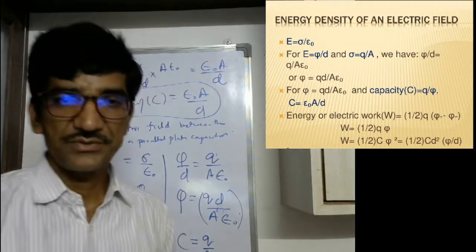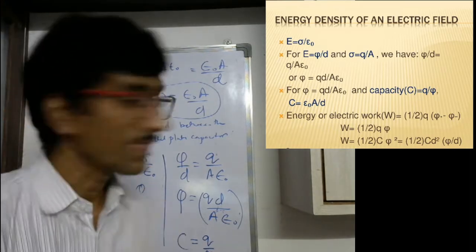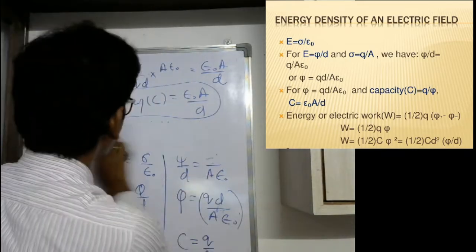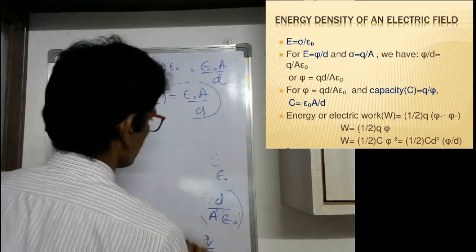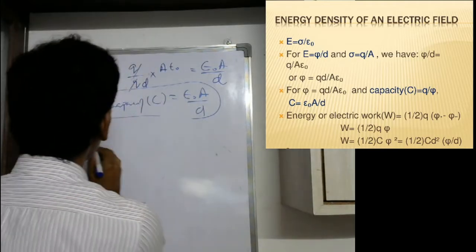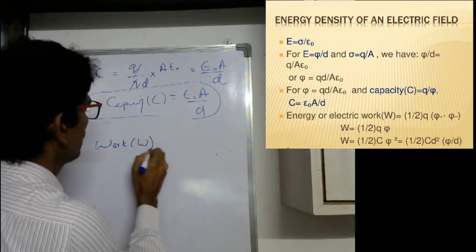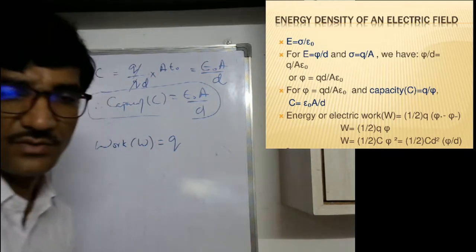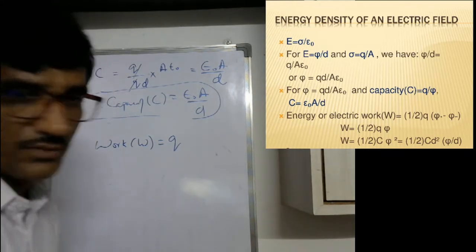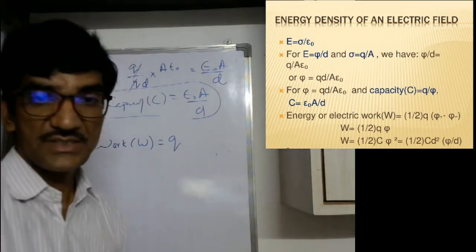let us try to write the expression for the work done in charging the capacitor. Now, you know the formula for electric work. Work W is equal to Q into phi. Here, what is the exact expression?